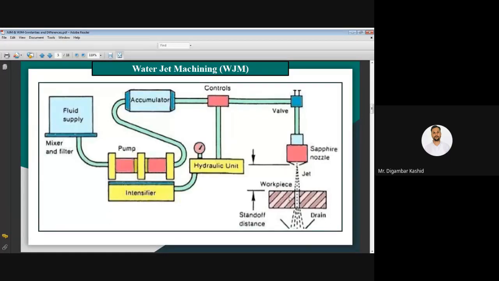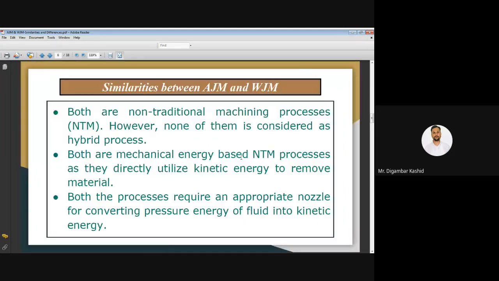Then by continuous impingement of your water jet, you can remove the material from your workpiece and create the shape you want, for example a drill, or if you want to cut the plate into two pieces. So this is a schematic diagram of water jet machining.